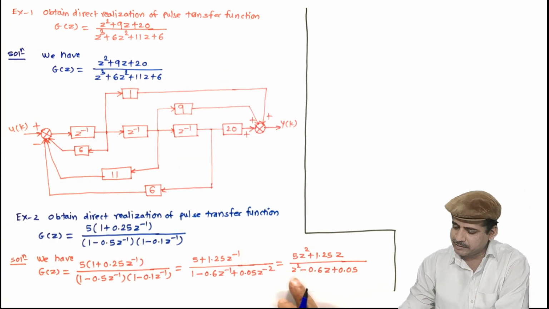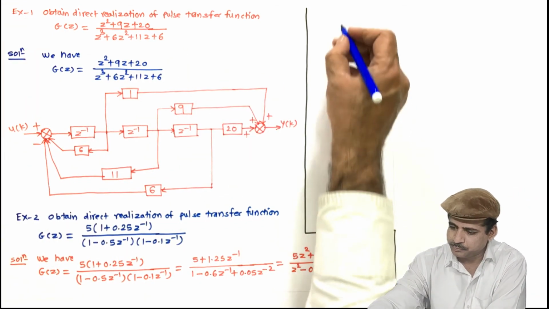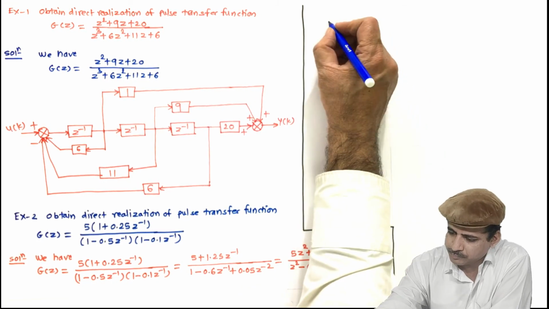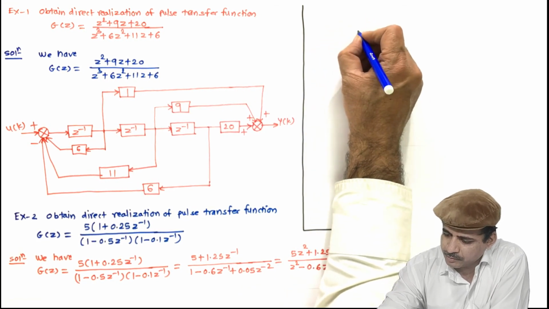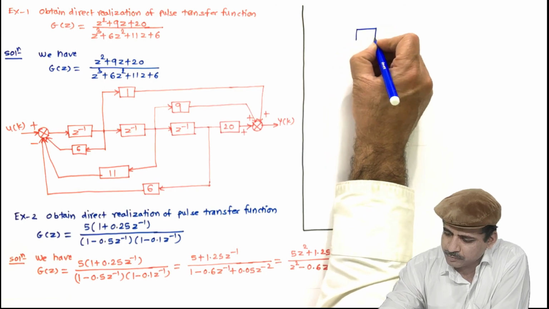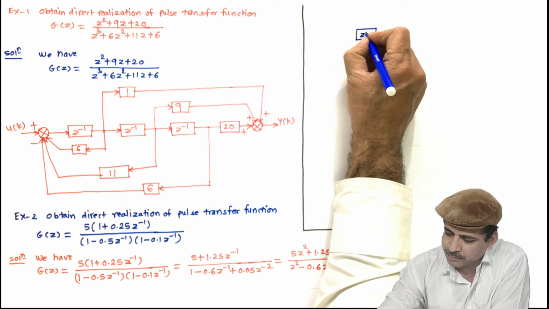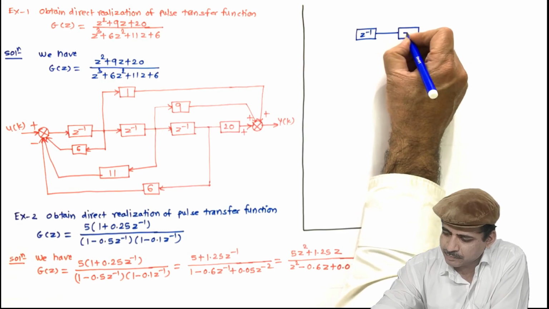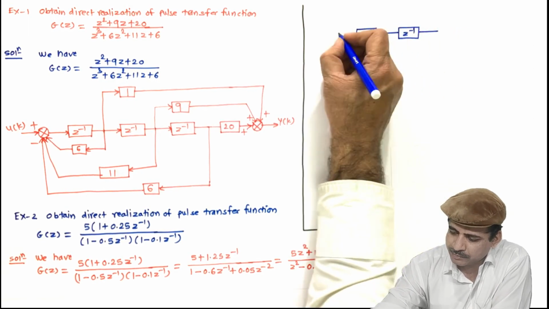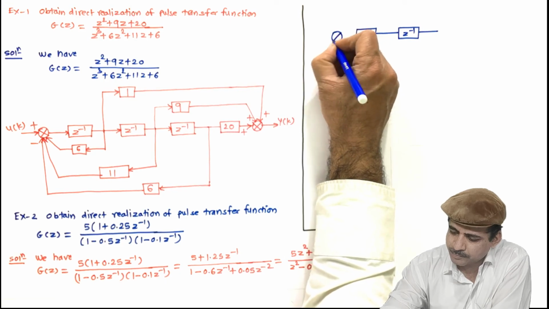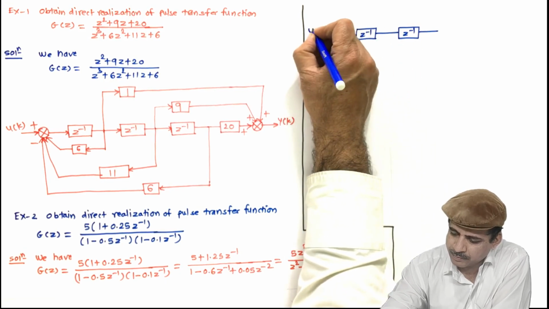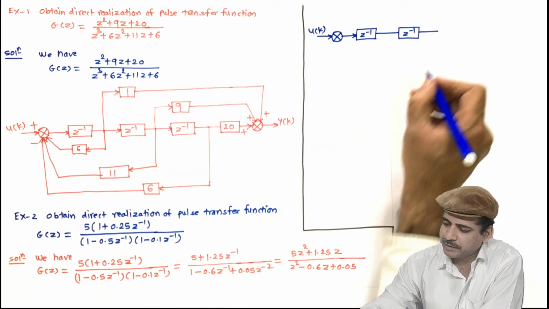For realizing this, the highest power of z is 2. That means we must have two delay blocks, z raised to minus 1, z raised to minus 1. This is u of k.